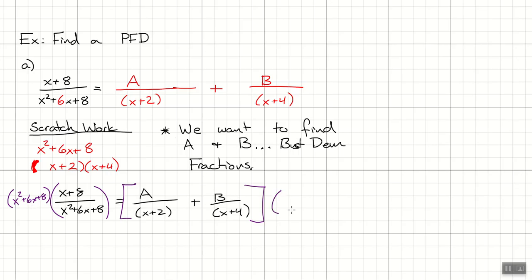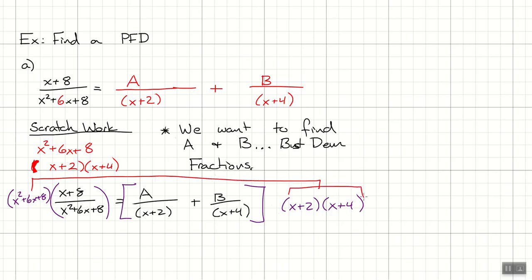However, if I multiply it instead by this thing, which has an x plus 2 and an x plus 4, have I multiplied by the same thing? These guys right here are the same. They just look different, right? One's a factored form, one's not.